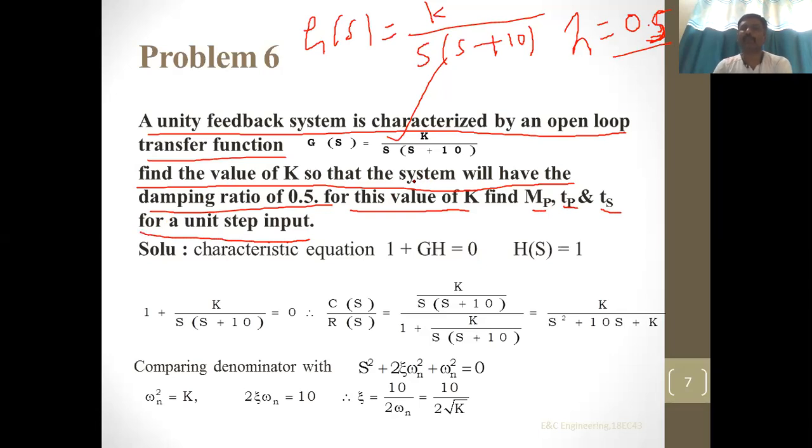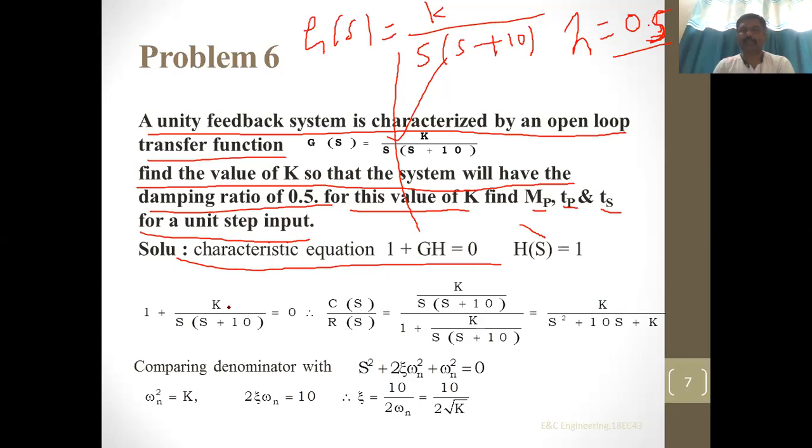Now how do I determine this? Let me recall the characteristic equation. How about the characteristic equation? 1 plus G of S into H of S. G of S is available: K divided by S into S plus 10. H of S is 1.